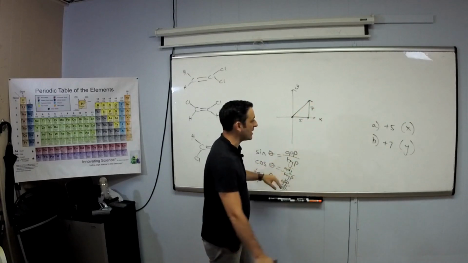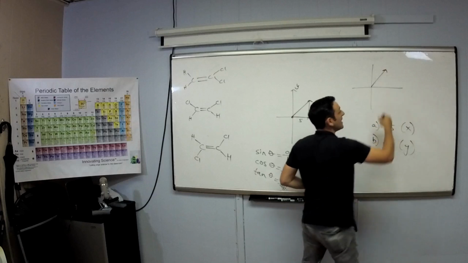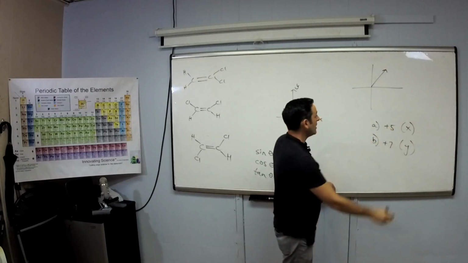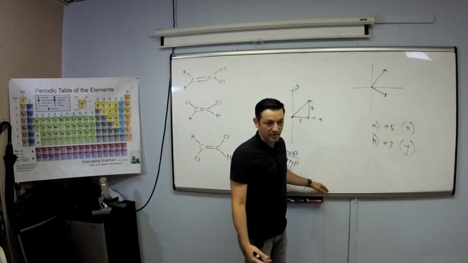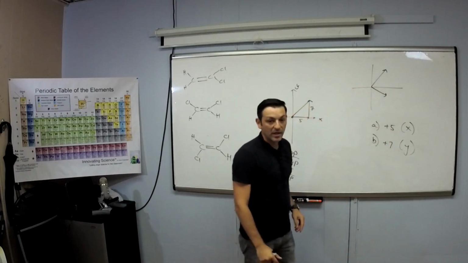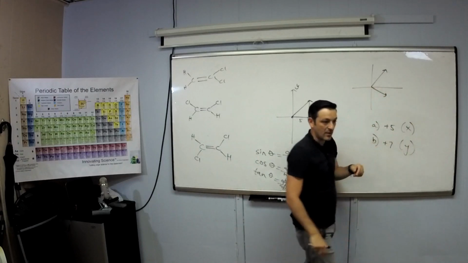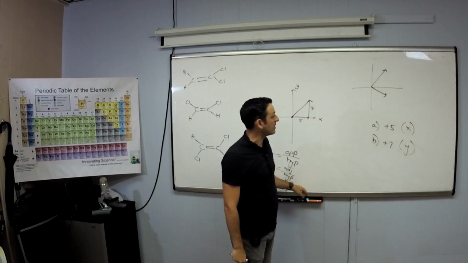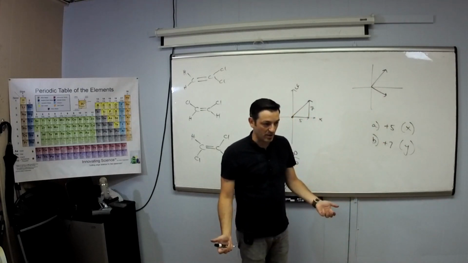Why you would want to do that is, imagine I gave you two vectors. One has this length and that angle, and the other one has, let's say, this length and that angle, whatever these angles are. And I ask you to add them, not graphically, because graphically you just slide this over here and say the result is that way. Mathematically, I want numbers here, which you can't add this to this. That's like adding x and y. It doesn't work, right?